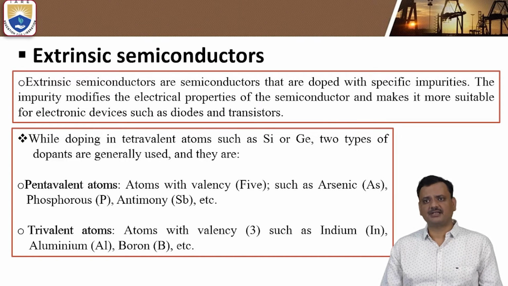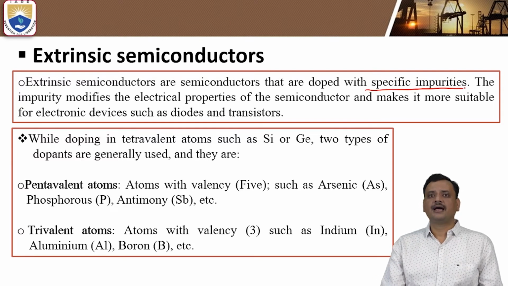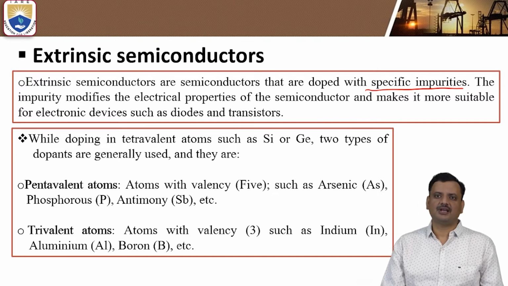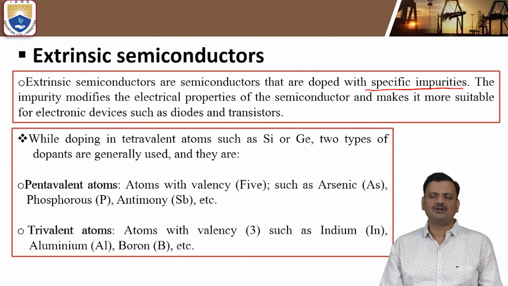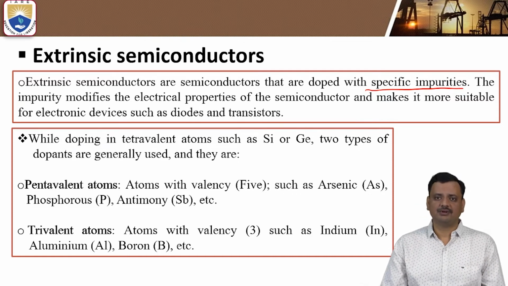Extrinsic semiconductors are semiconductors that are doped with specific impurities. The impurity modifies the electrical properties of the semiconductor and makes it more suitable for electronic devices such as diodes and transistors. So how will we dope?